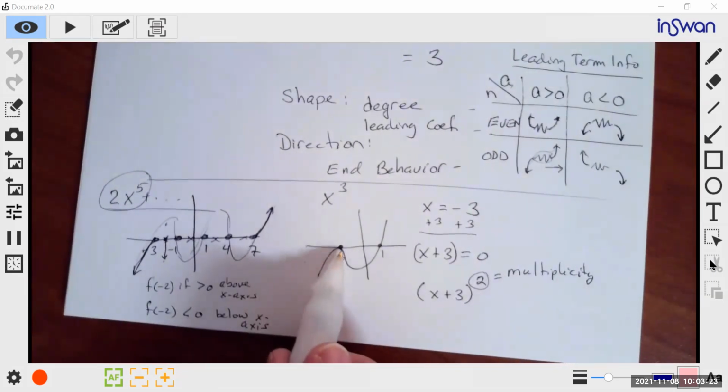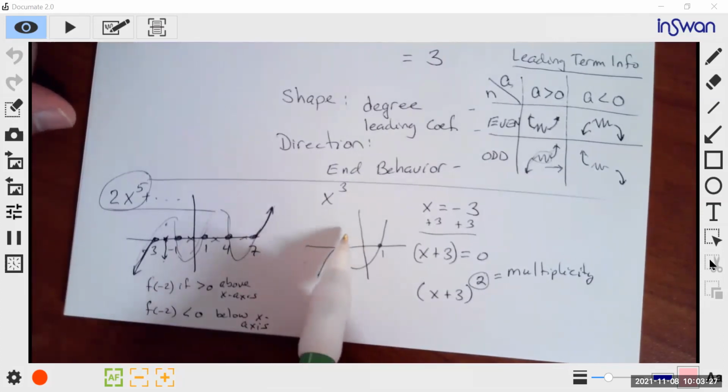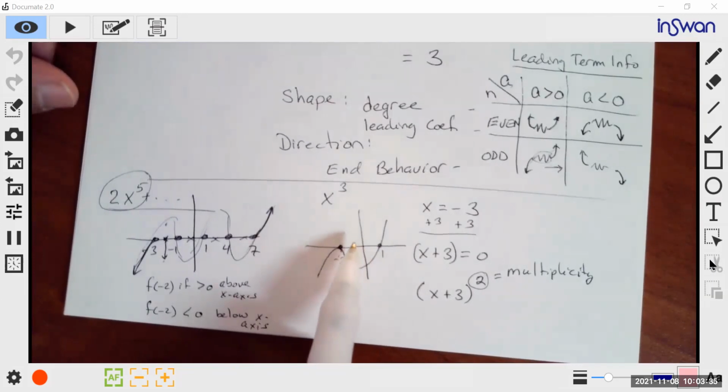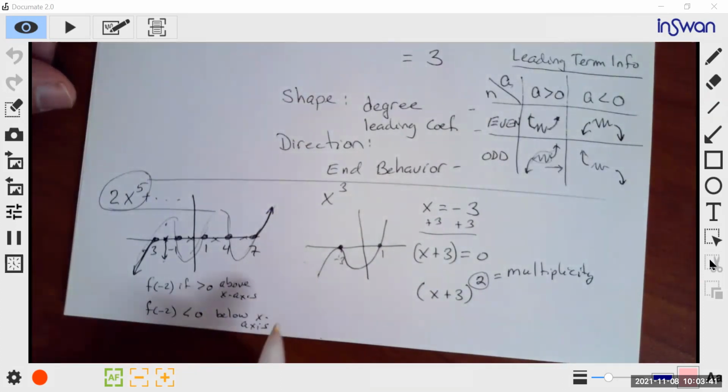At this point here, remember, it's a third order equation. It's a degree 3. So we have 3 answers. There's 1 that's distinct, but this one here bounces, so that means we're missing 2 answers. This is where they come from. This multiplicity says how many times this answer happens. So the answer is -3, -3.